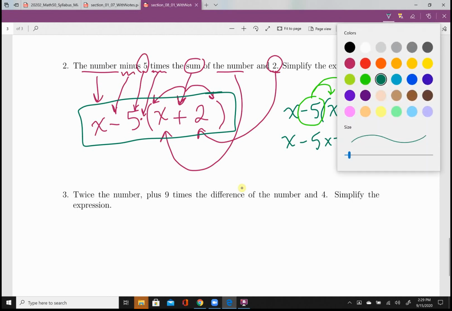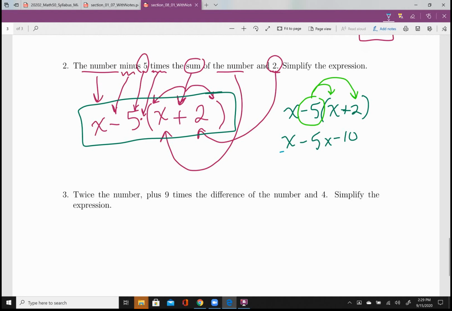There's an instance in which we can combine like terms right here, right? These are both the x terms, and then there's a constant term that's just going to be waiting in the wings there. x minus 5x, well, hold on, this is actually a 1x, right?